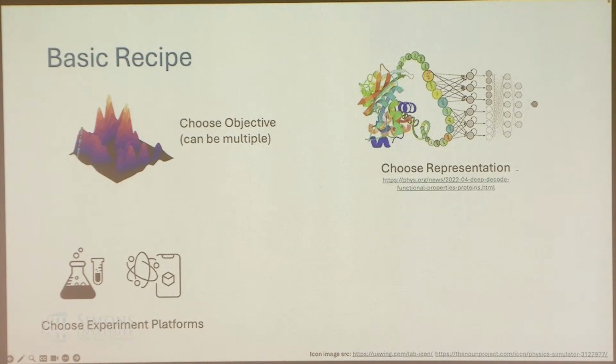You choose your representation of the data. These days, of course, there's a lot of interest in using deep learning to build these learned representations of the phenomenon. You choose your algorithm that actually takes all of the above and then designs a policy that can choose what experiment to run next.